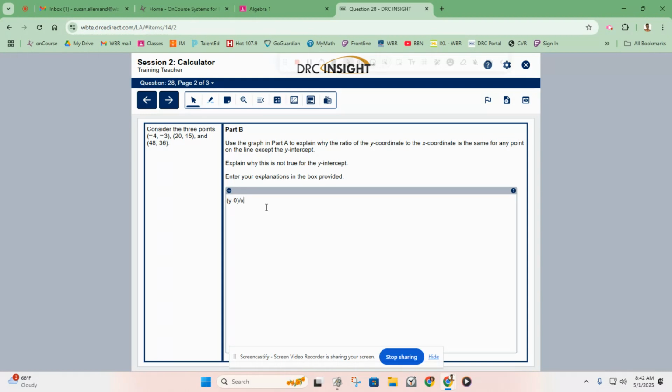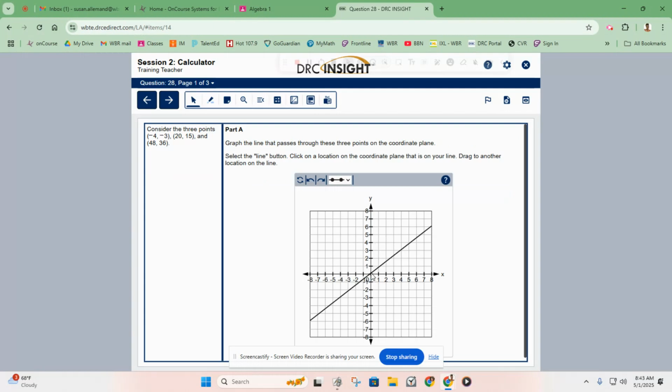So I'm looking at the ratio of y to x, so y over x. Now what this means when I type the y minus 0, x minus 0, is I can plug in any point and subtract 0 from both only because this graph is going through the origin 0, 0. So I'm going to be using one point as different values, and then the 0, 0.